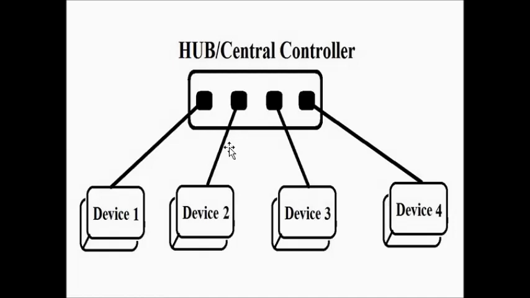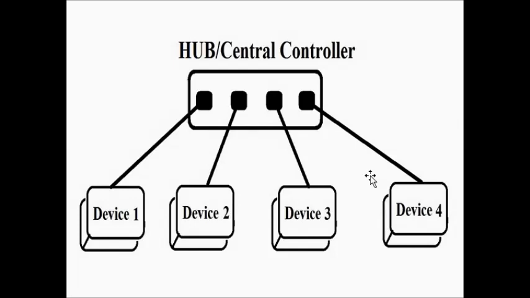Similarly, with the help of the link connecting the hub and device 2, communication can take place only between these two elements. Devices 3 and 4 cannot interfere in this. So this is what a point to point link means. These 4 devices are connected to the central hub with dedicated point to point links.